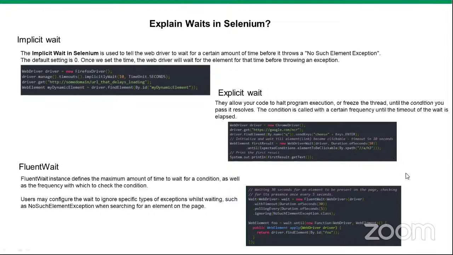For example, if you want to ignore a particular exception, you can mention that in the wait. So these are some of the main peculiarities of fluent wait. These three waits are commonly used within Selenium, and it is extremely important to understand the concepts of wait in order to create a very good automation framework.